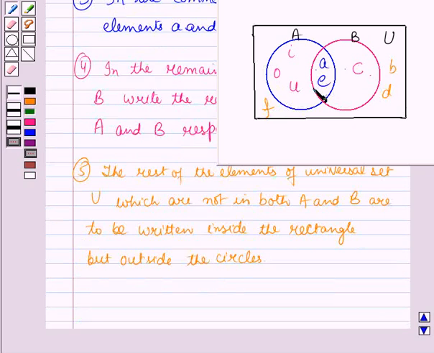Now from the Venn diagram, A intersection B will be equal to the set containing those elements which are in the common portion. So this is equal to the set containing the elements A and E. And from the Venn diagram, A union B will be equal to the set containing those elements which are either in A or in B or both in A and B. So these are the elements.